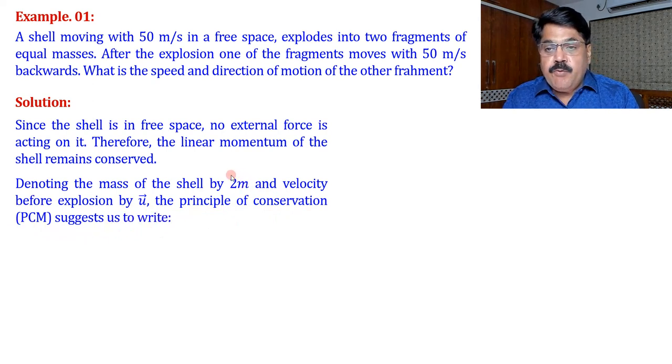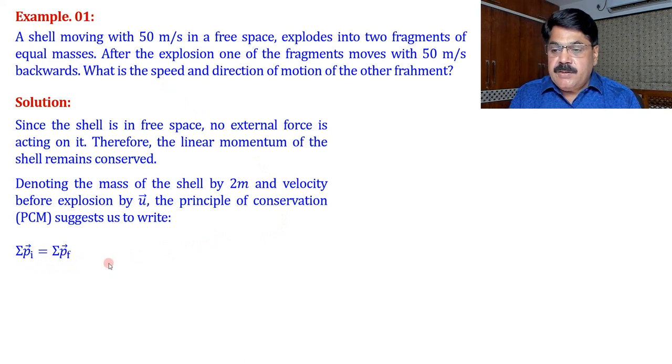Why am I assuming 2m? Because it is given that the shell has exploded into two fragments of equal masses. So we assume the masses of the fragments m and m, so the mass of the shell will be 2m. So how can we write here? Summation Pi vector is equal to summation Pf vector because of conservation of momentum.